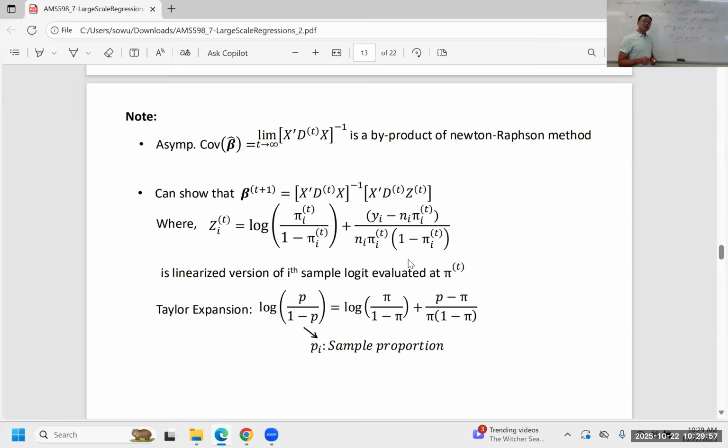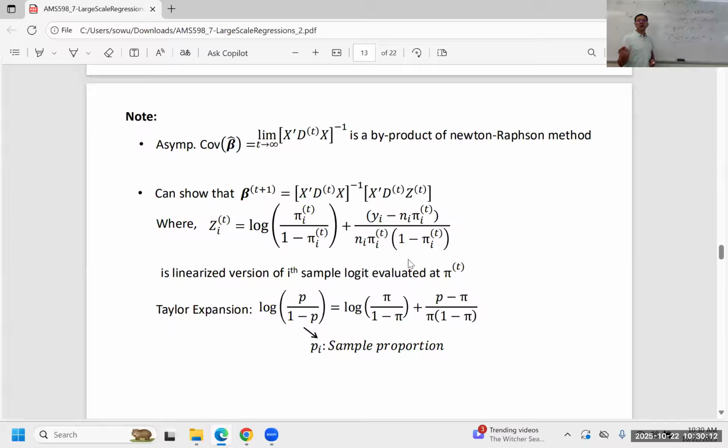So what does this mean? This means for each iteration in this logistic regression, for each iteration in the algorithm, it is indeed just a weighted least square.